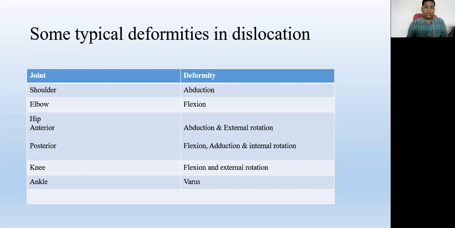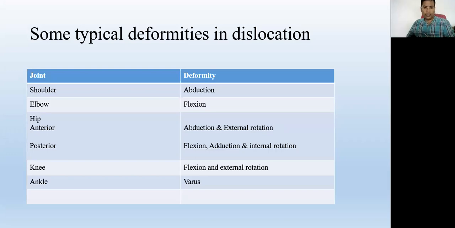The elbow is most likely to dislocate posteriorly, meaning the head of the ulna, the olecranon, goes posteriorly. So this flexion kind of deformity occurs in posterior dislocation of the elbow joint.